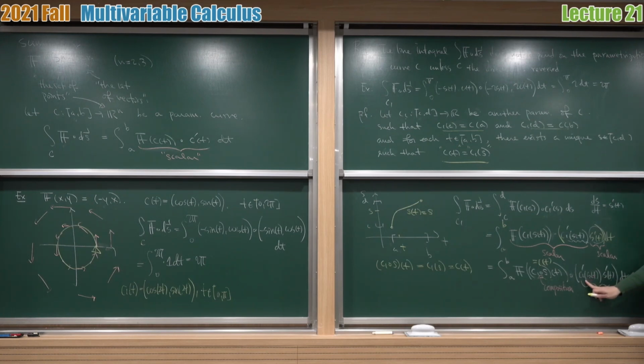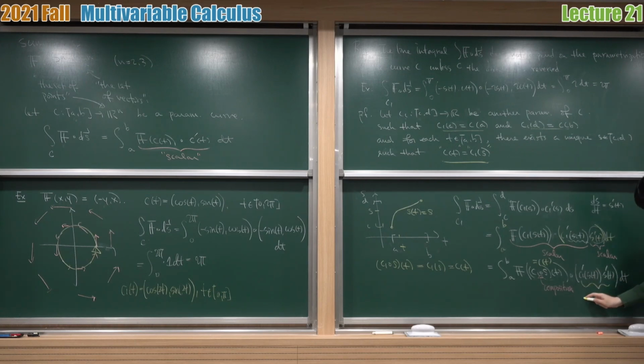So we have a multiple of C1 prime and S prime. C1 prime is not a number, it's a vector. But why is it a vector? Because C1 is a parameterized function, so C1 is a 1 to 3 or 1 to n function. If you take a derivative of a composite of two multivariable functions, it becomes the multiple of two differentials of the two functions.